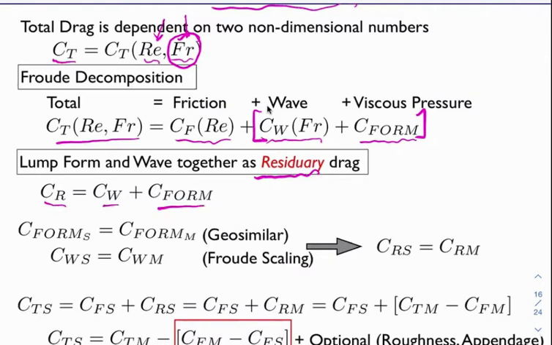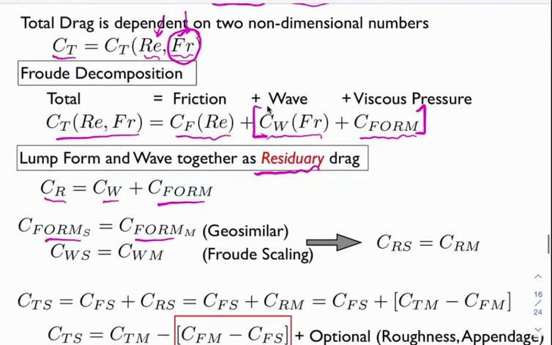Now, since the form on the ship and the form on the model match, because they're constant and we are using a geosimilar hull, so they're a function only of the hull shape, which is the same on model and full scale, and the wave drag on the model and full scale match because we're matching Froude. We're using Froude scaling, so we're matching both of these components. This tells us that the residuary drag on the ship is equal to the residuary drag on the model.